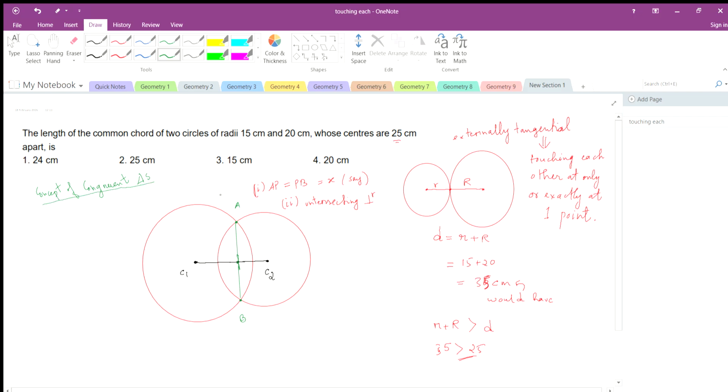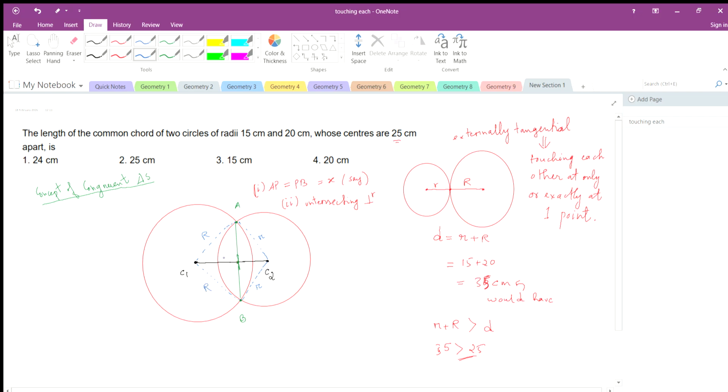Suppose I join the centers and the points of intersection of the two circles. Suppose I denote this as capital R and this is small r. Similarly, this will also be small r, these two are the radii of the same circle. Similarly, this is also capital R, radii of the same circle.